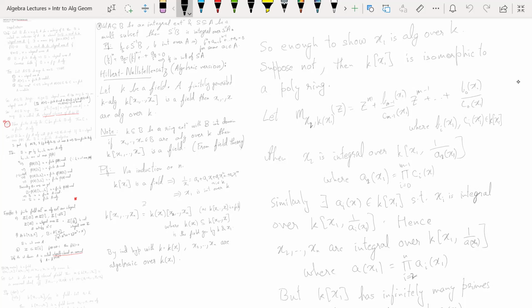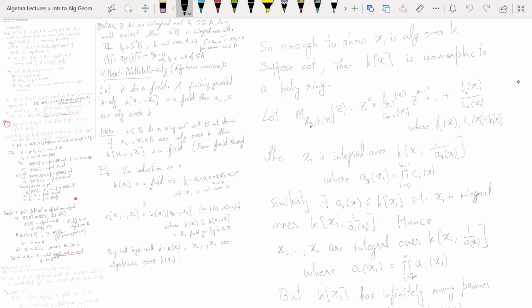So remember, x2 is algebraic over k(x1). So let's take the minimal polynomial of x2 over this field k(x1).